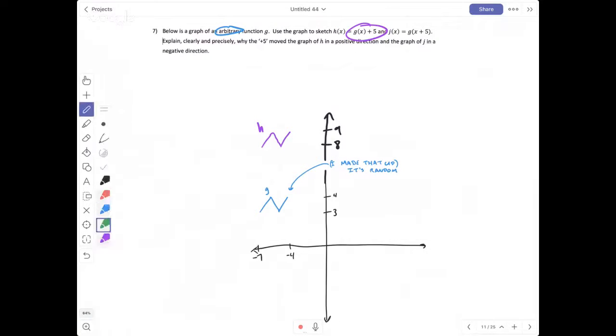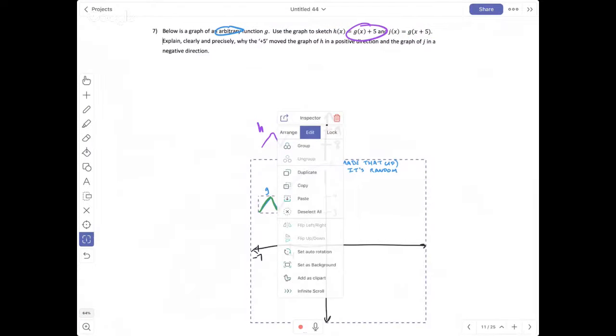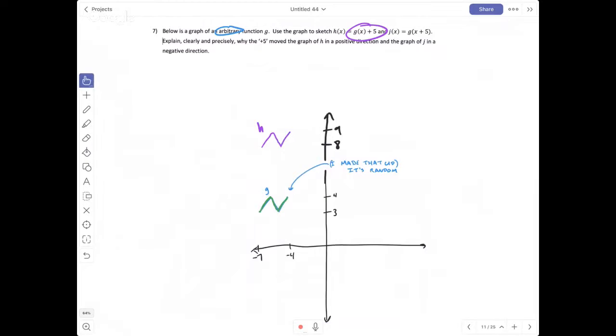So here we go. This is going to be the next one. It is j of x, and that's going to move us left 5. Oh, I shouldn't have done that. Cool. I group. Now that I've done that, I can say this was left 5. And now I can move this.